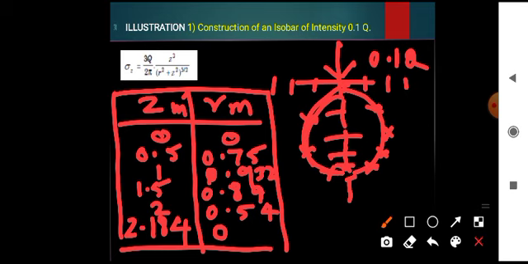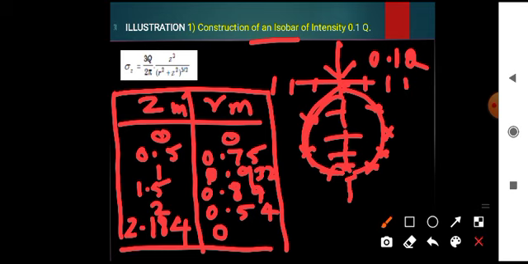Always remember that an isobar is a smooth trace; every transition on this plot is going to be smooth, and only then is it called an isobar. So you can complete the isobar as an exercise.